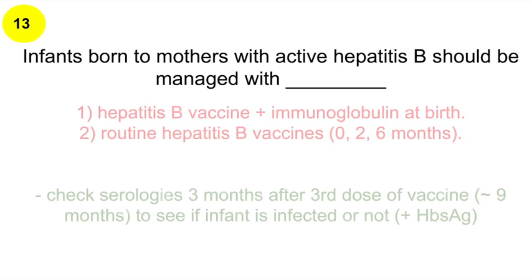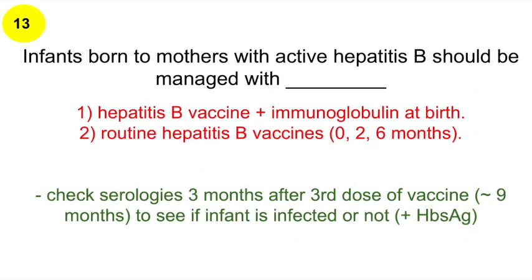After they receive these two, then they can go on to get their routine hepatitis B vaccines at 2 and 6 months. It's very important that you check serologies 3 months after the third dose of the vaccine. So that's around 9 months to see if the infant is infected with hepatitis or not.